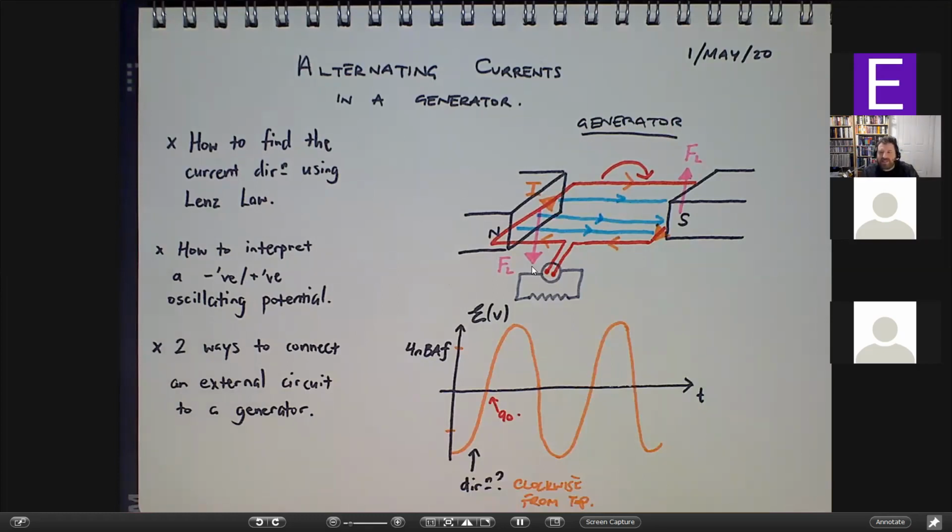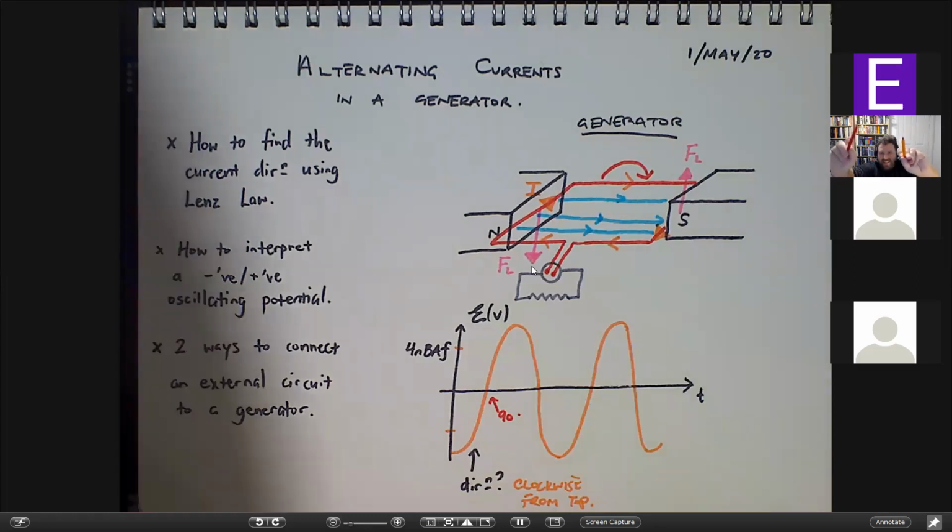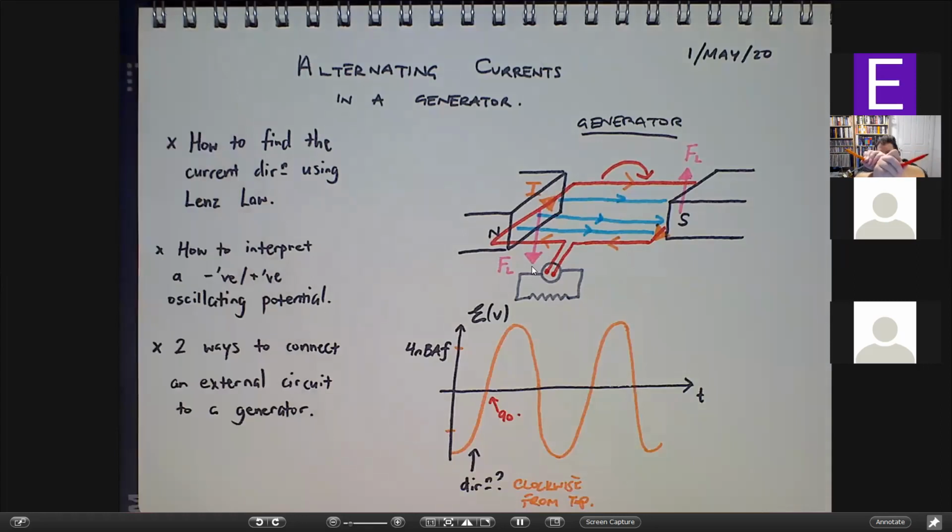So where we're measuring the voltage, before we had our two prongs, positive and negative, now it's positive and negative. So the red one has gone from being positive to negative, and the orange one's gone from being negative to positive. And then 180 degrees later, they flip back again, and now this one's positive and this one's negative.